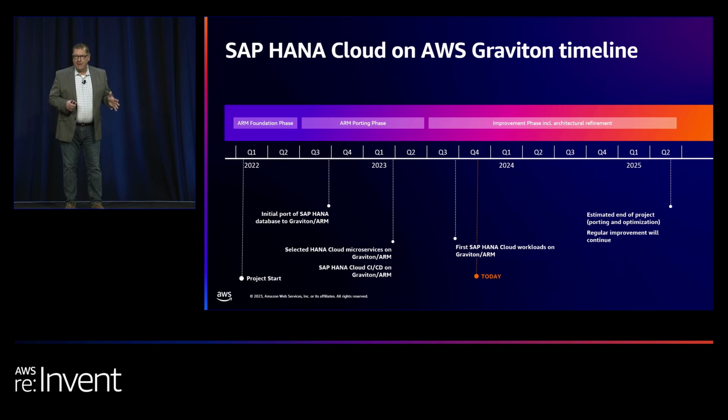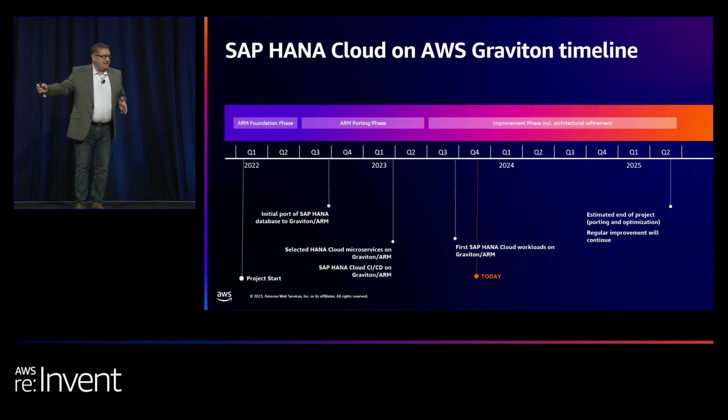We made an announcement about this a few weeks ago, and you probably saw some announcements at the keynotes this week. Going forward, between now and mid-2025, this is an exercise of refinement, improvement, and optimization, continuing to work together with AWS to do that.